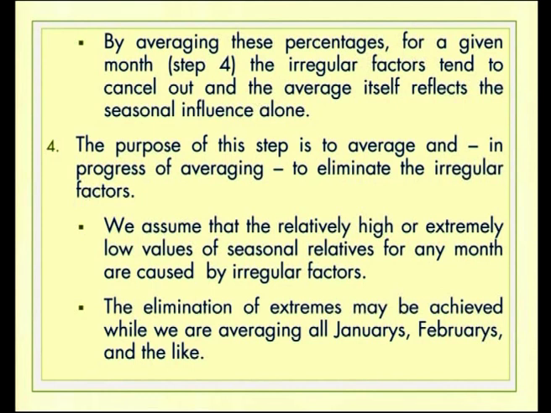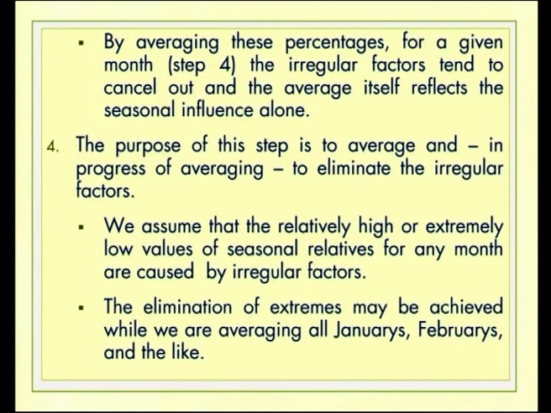So, we assume that relatively high or extremely low values of seasonal relatives for any month are caused by irregular factors. That is why we take the average and express it as a percentage. So, it becomes a value above 100, therefore only seasonal fluctuations are the cause for that.